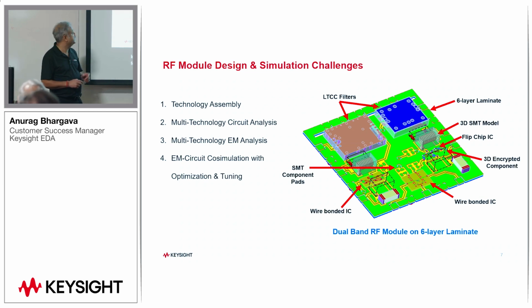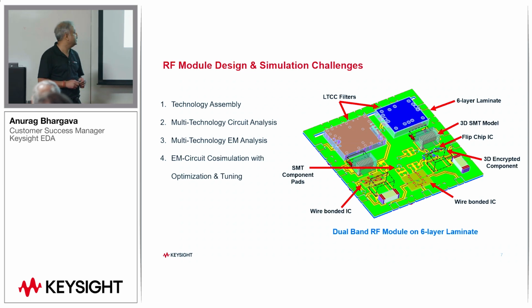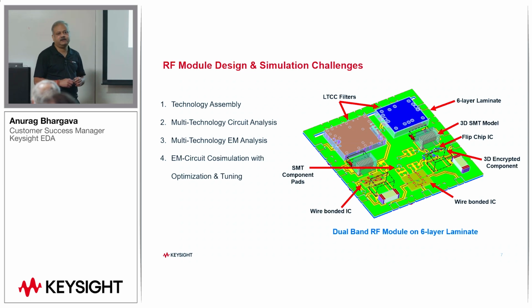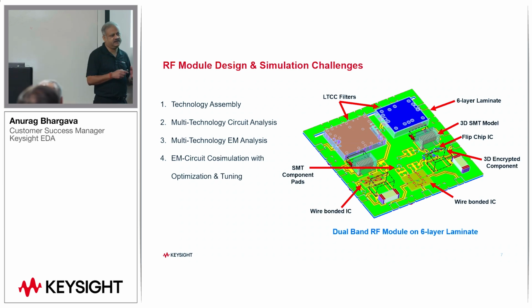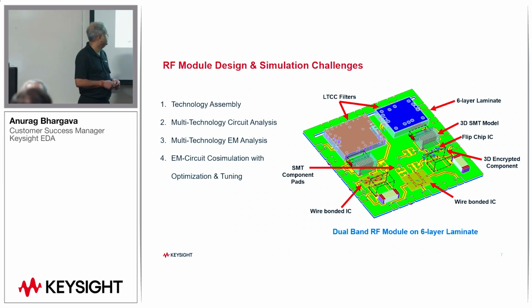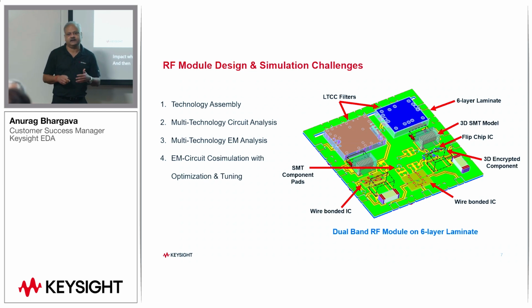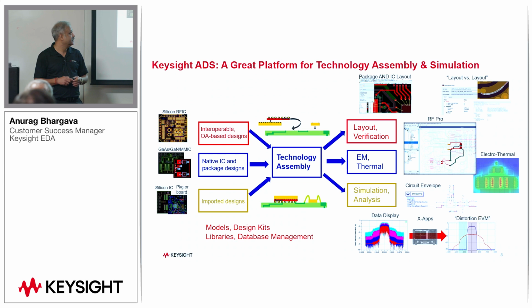Starting with technology assembly, doing the multi-technology circuit design and analysis, talking about how do we approach the electromagnetic analysis, because denser the things get, EM analysis becomes more and more important to make sure there is no undesired coupling, no undesired impact which one system is having on another. And then finally, putting it all together and optimize the overall product level design.